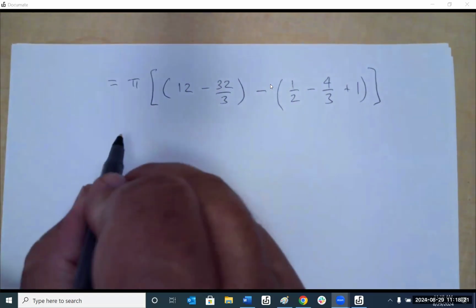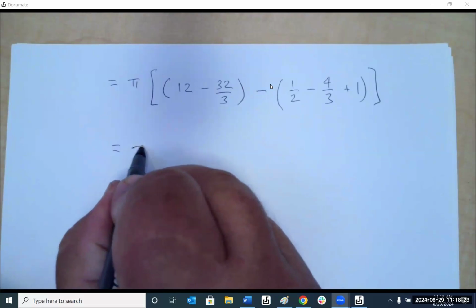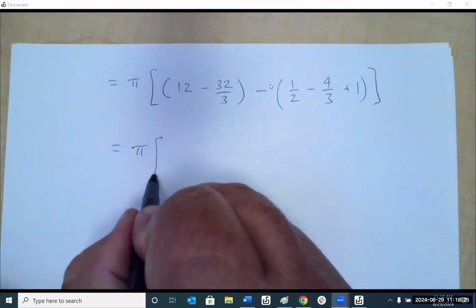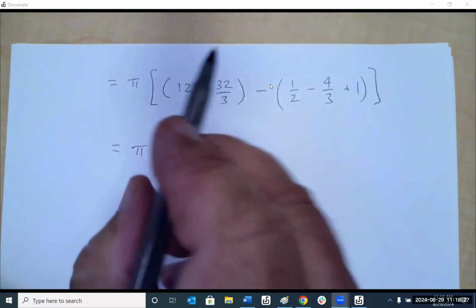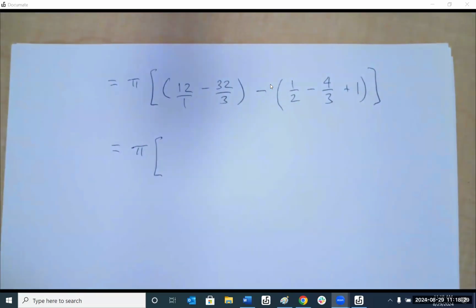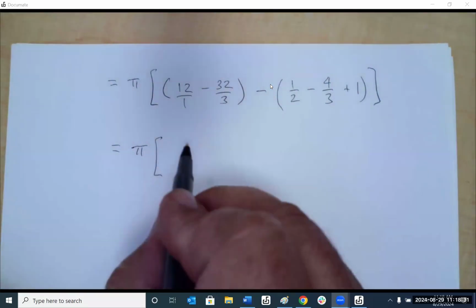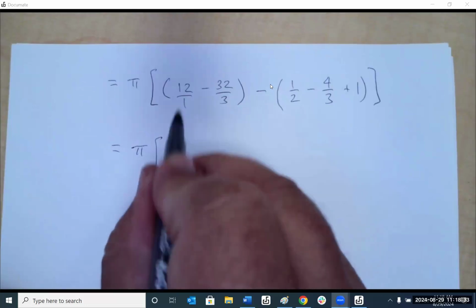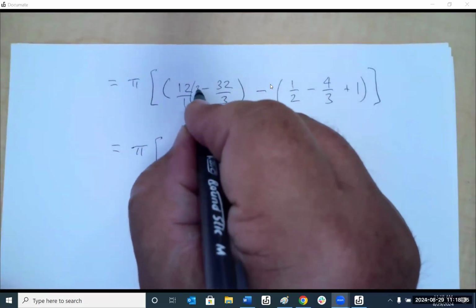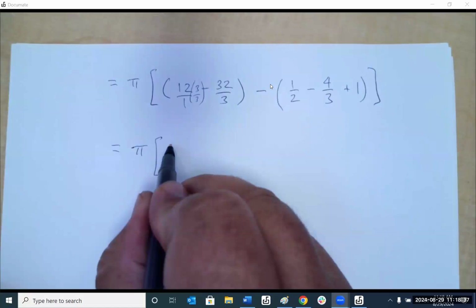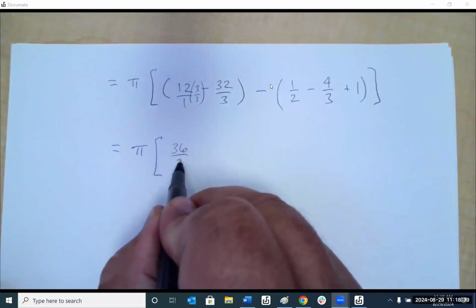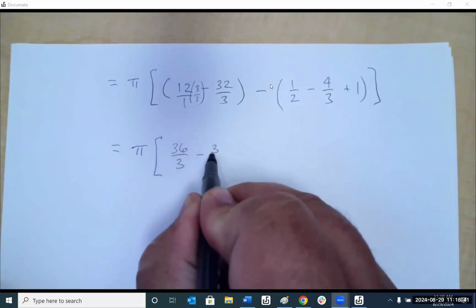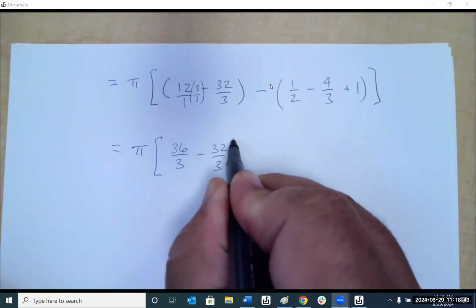Now we have a whole bunch of adding and subtracting of fractions. In order to subtract these, I need to have a common denominator, which is 3. So it's 36 over 3 minus 32 over 3.